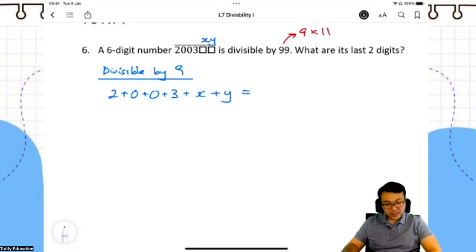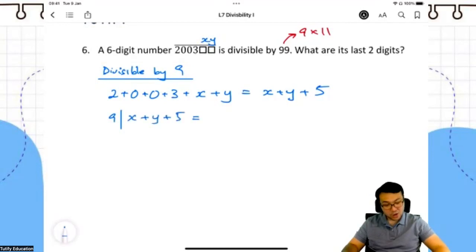So then what do I get? I get x plus y plus... Can you simplify everything? 5. Okay, because 2 plus 3 is 5. And of course, the zeros mean nothing. So then we know that 9 must divide x plus y plus 5.